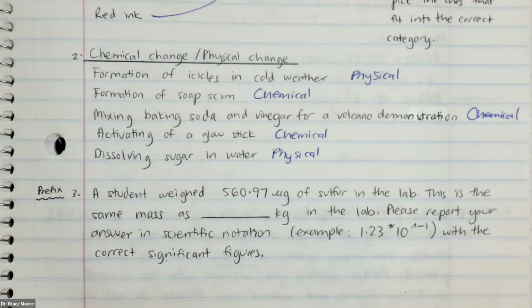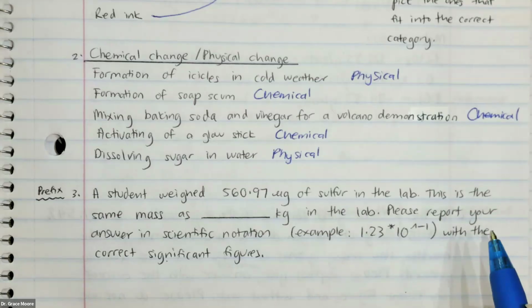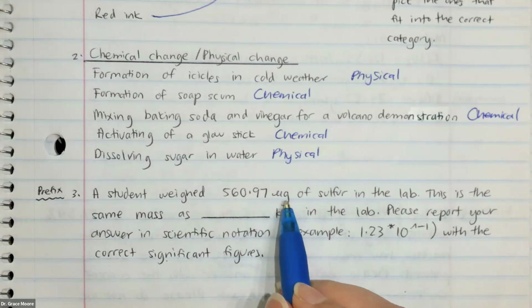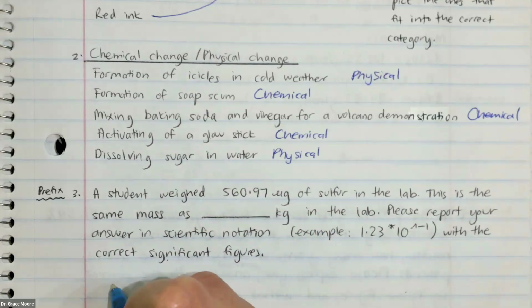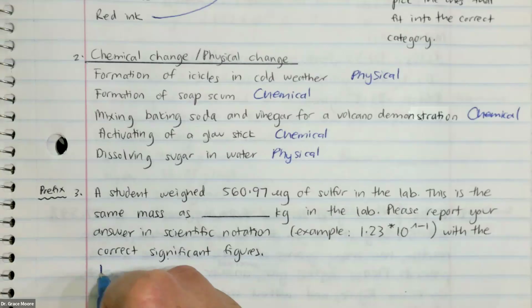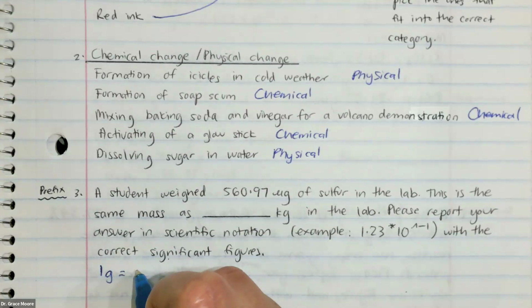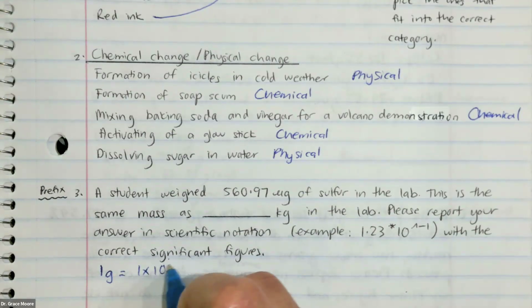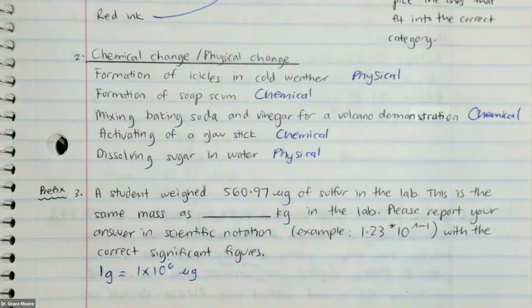So how are we going to do this question? You need to know how to convert from microgram to kilograms, okay? So keep in mind, when you're doing micrograms, you have to remember micro is the smaller unit. And I know that 1 gram is the same as 1 times 10 to the power 6 micrograms, correct?